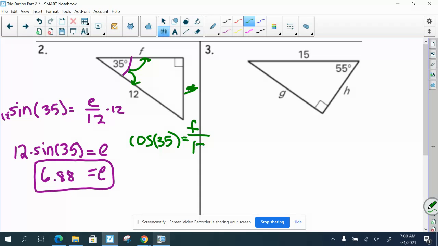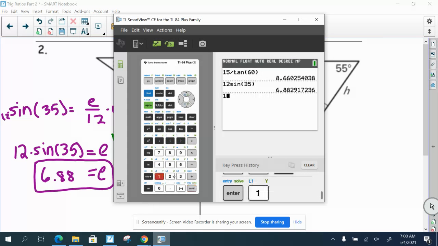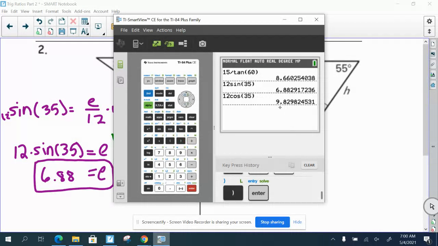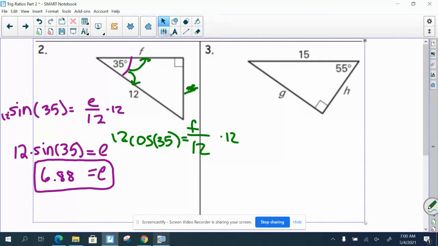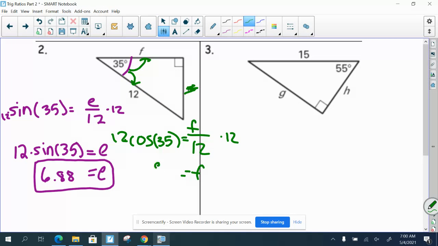The hypotenuse is always in the denominator. So this is the same setup. We're going to multiply both sides by 12. So in our calculator, we'll type in 12 cosine of 35, which equals 9.83. So f equals 9.83.